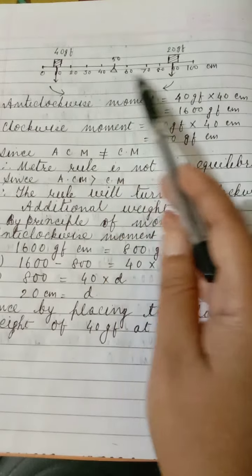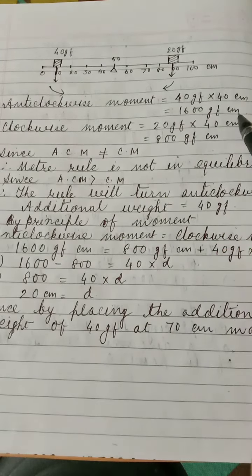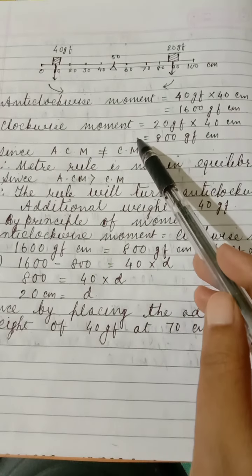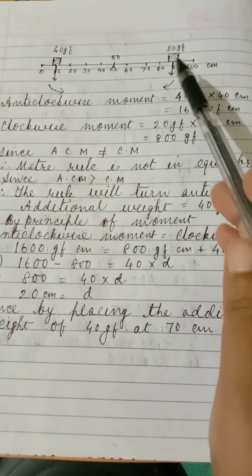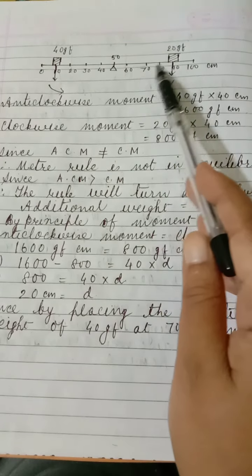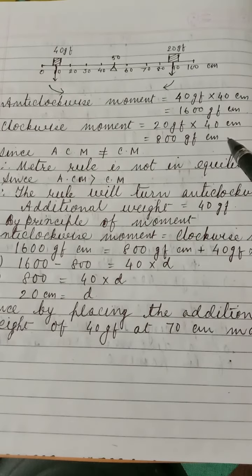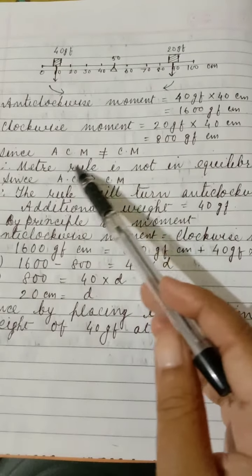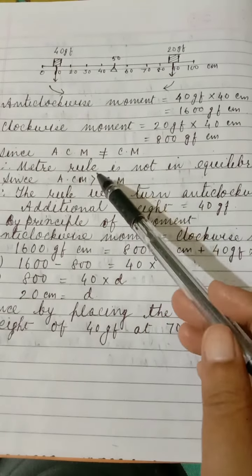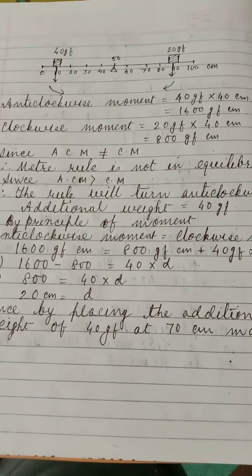So 40 gf into 40 centimeter is 1600 gf centimeter. Similarly, clockwise moment is 20 gf into the distance here, also 10, 20, 30, 40, so 40 centimeter, so 800 gf centimeter. Since anti-clockwise moment is not equal to clockwise moment, the meter rule is not in equilibrium. So that was the first part.